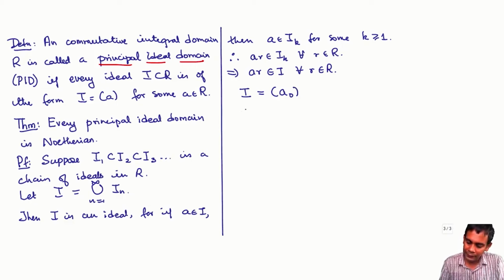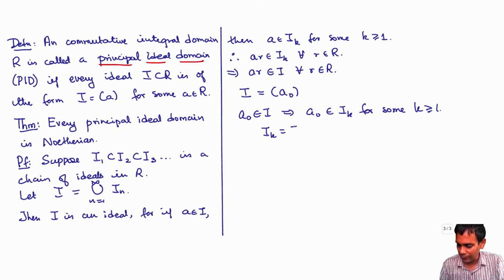Well, a0 is in I, which means that a0 is in I_k for some k greater than or equal to 1, which means that I_k is equal to I, because a0 is in I_k and a0 generates all of I. So certainly I_k is equal to I, and this proves the theorem.